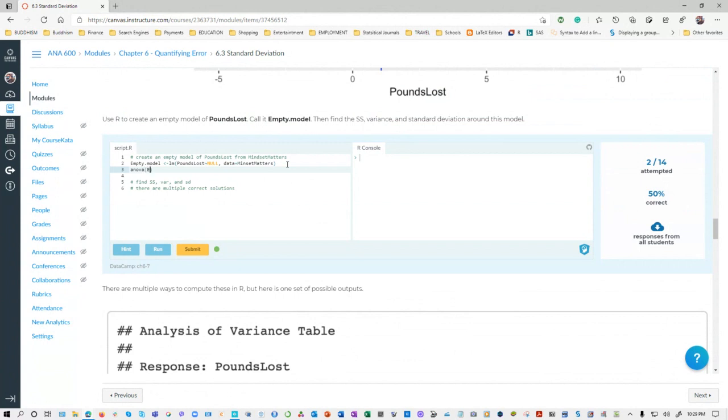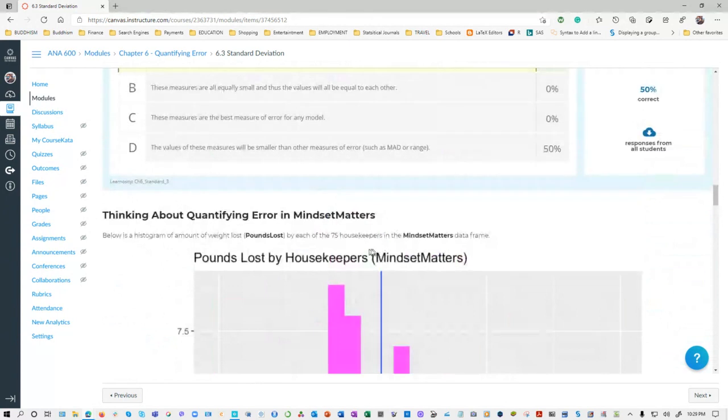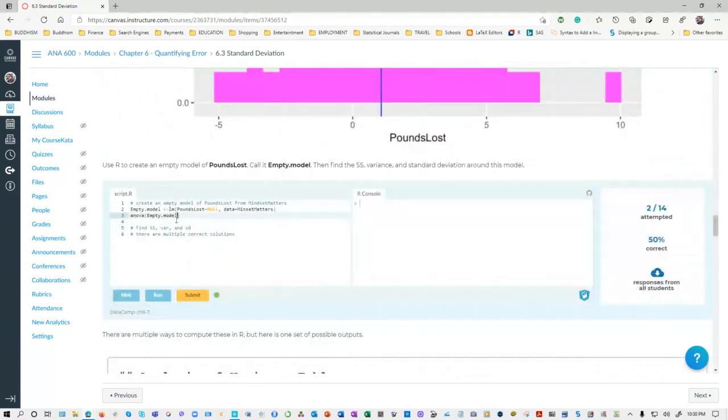There are several ways you can do it. You ran that linear model on this particular variable, pounds lost, through this null model, data mindset matters. Then I'm going to run lm, data, mindset matters.